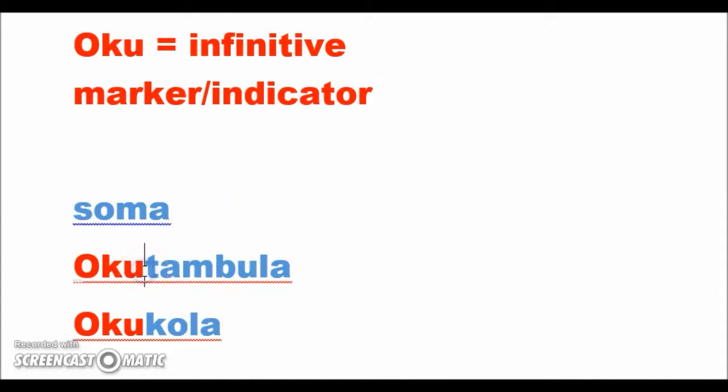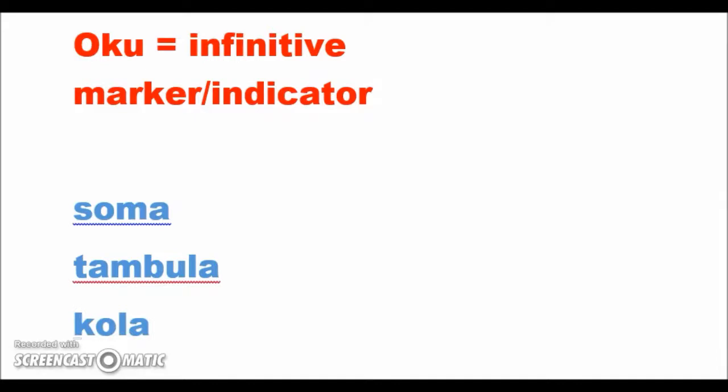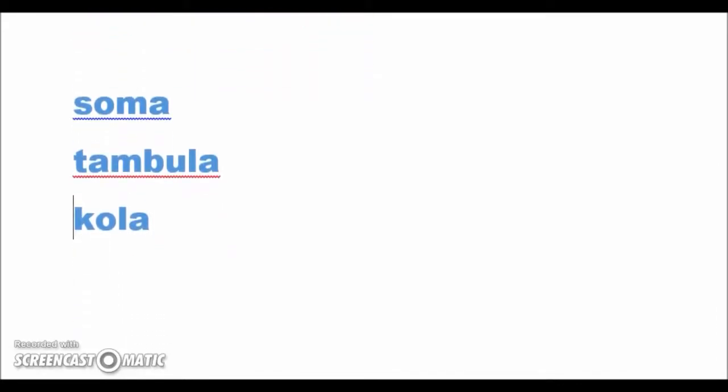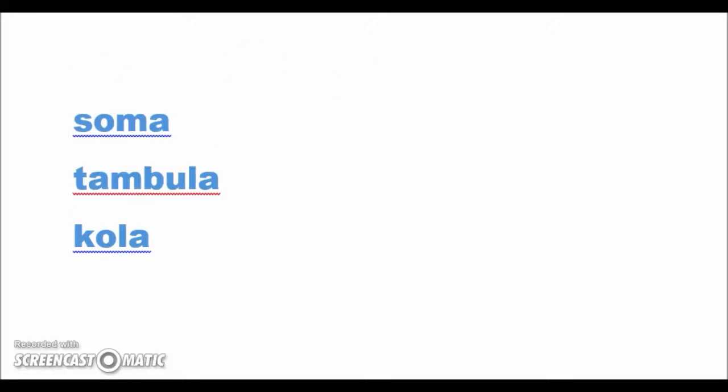So in order to do that, in most languages, you have to remove this marker, the suffix or prefix, and then you have to attach the personal prefixes or suffixes. In Luganda, these are prefixes. In fact, let's look at the first person singular prefix for I. I read, I walk, I work.